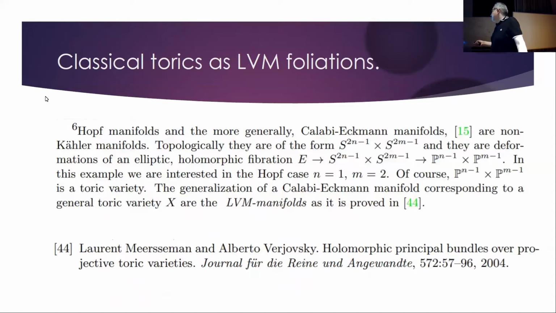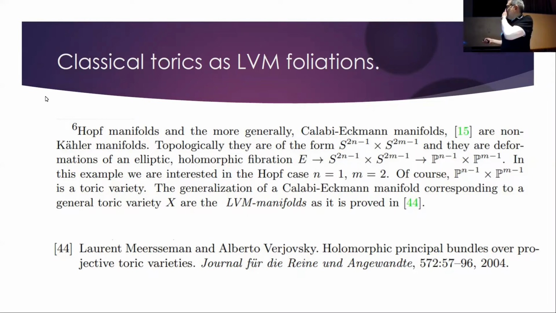Hopf surfaces have generalizations in Calabi-Eckmann manifolds, and they are non-Kähler. Topologically, they are of the form S^(2n-1) cross S^(2m-1). And they are the total space of an elliptic holomorphic fibration over P^(n-1) cross P^(m-1).